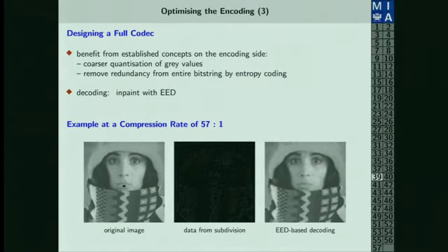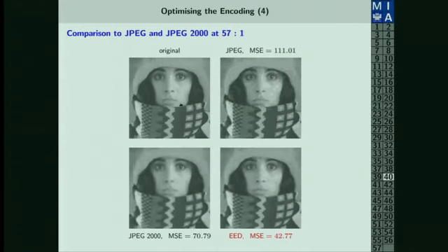So if we compare this now to JPEG and JPEG 2000, once again, that's the original image. This is what JPEG gives you at a compression rate of 57. So you clearly see the blocky structure. This is what the wavelet-based JPEG 2000 gives you at 57:1, and this is what anisotropic diffusion gives you.